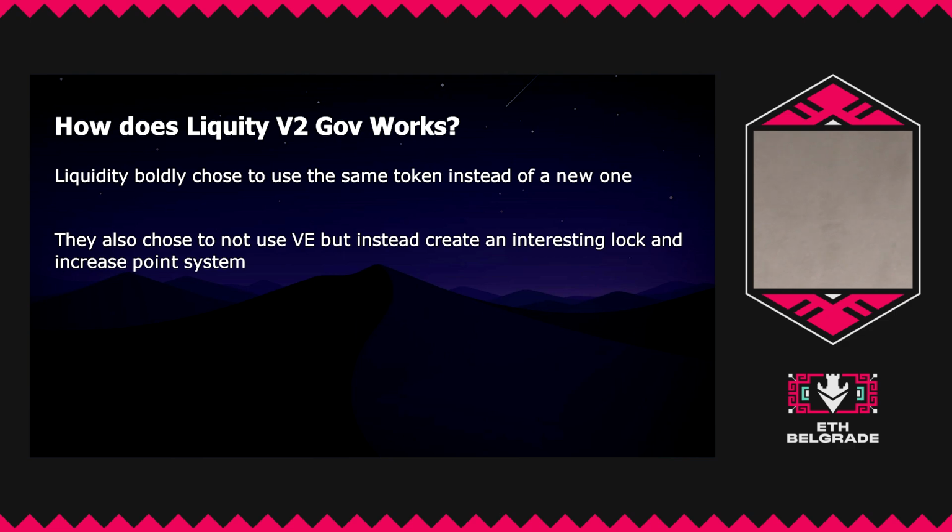First of all, Liquity actually chose not to use VE, which is voting escrow or vested escrow, which is the most common governance contract available in DeFi. The way voting escrow works, it fundamentally forces a user to lock their tokens. And based on the amount of time for which they lock their tokens, they end up getting voting power.